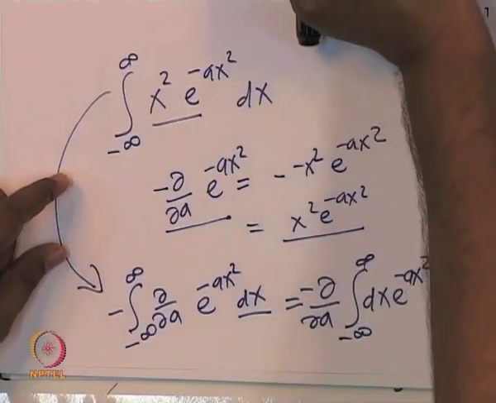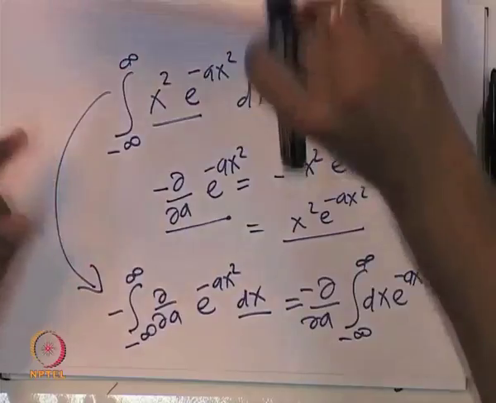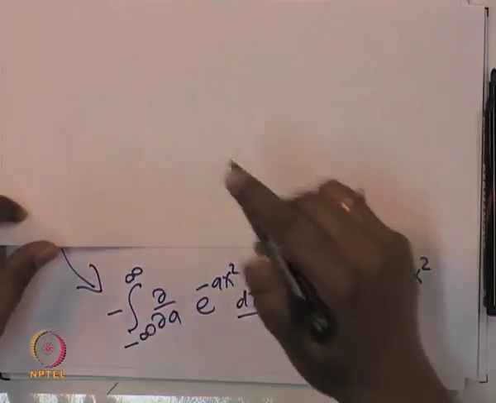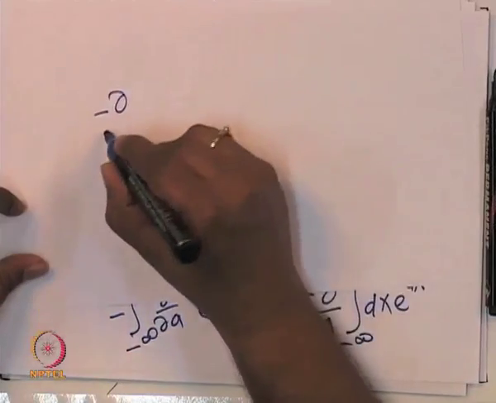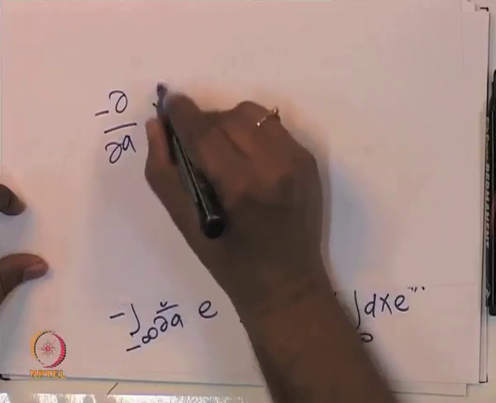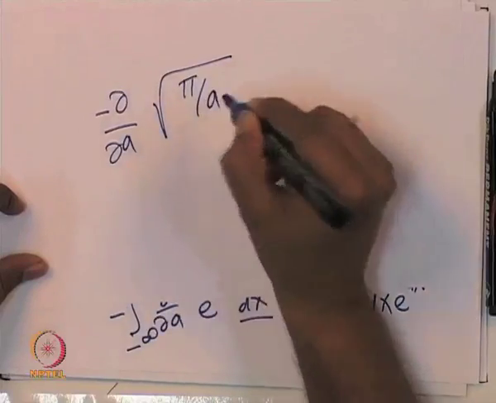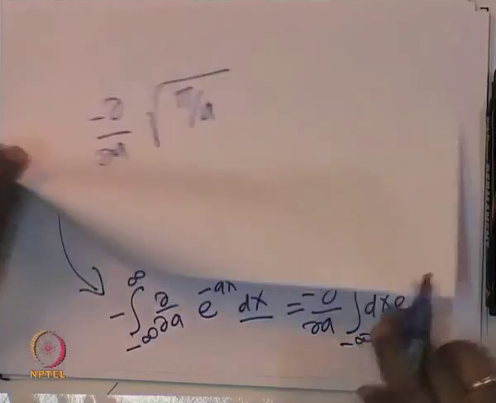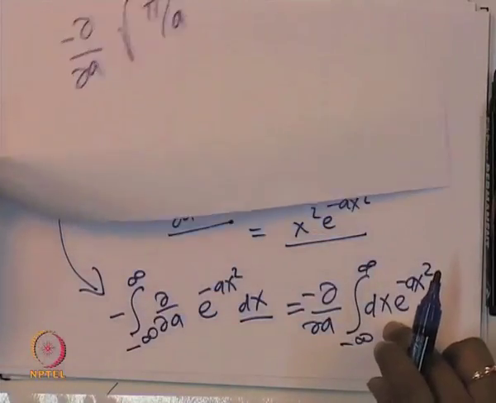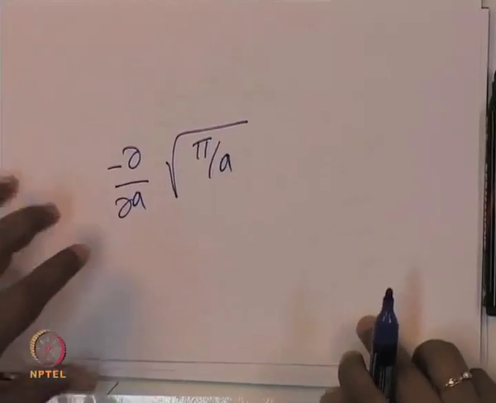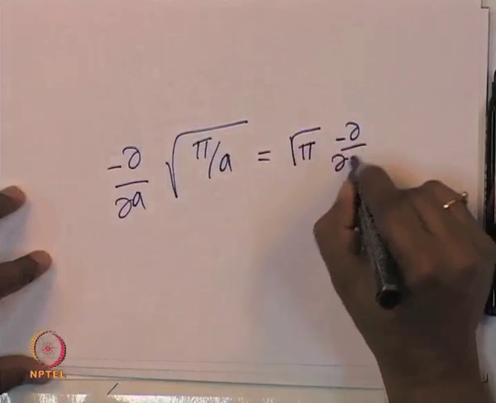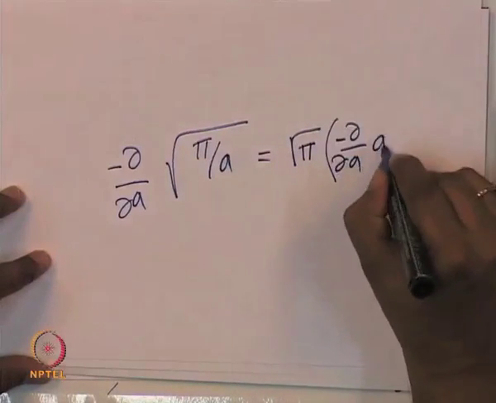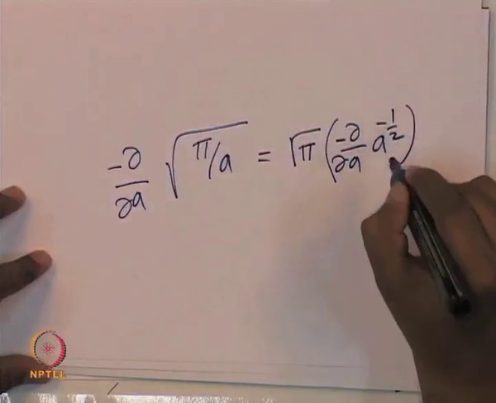So, we have to just find the derivative of root of pi by a. What we finally need to do is to find minus del by del a of root of pi by a. This is all we have to do to get this particular integral. So, this is basically root of pi into minus del by del a of a power minus half.